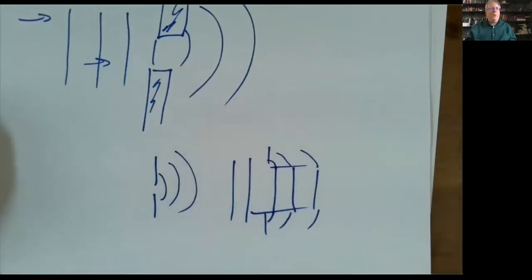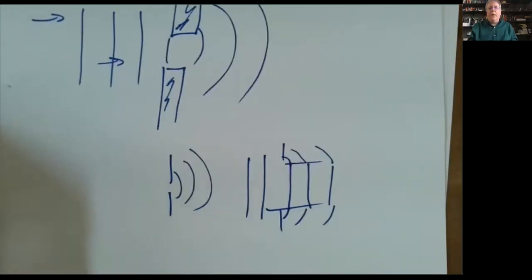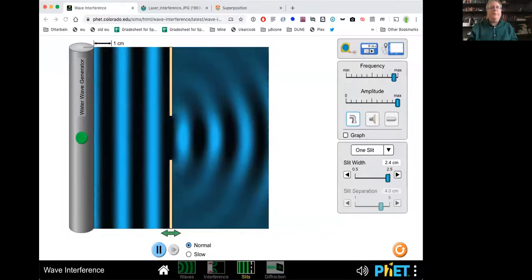It's only on the corners where it's spreading out. The big difference between these two behaviors is the wavelength of the waves compared to the size of the opening. Now, you might say, well, this doesn't happen with light, right?